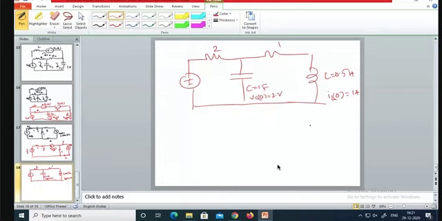Okay. So the values are given for you. Now you have to solve for the current in the inductor using mesh analysis. It is IN of t. So write the transform network, and the voltage is 2 U naught of t. You get the transform network 2 by S.